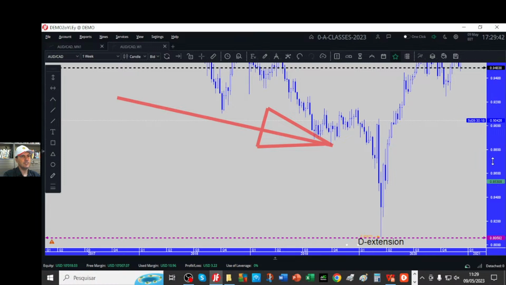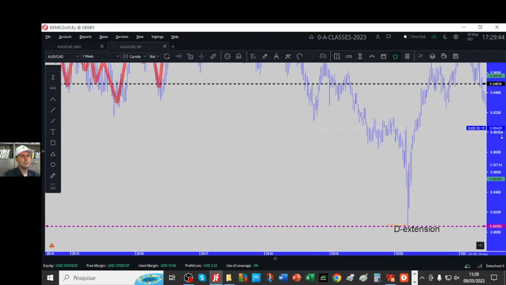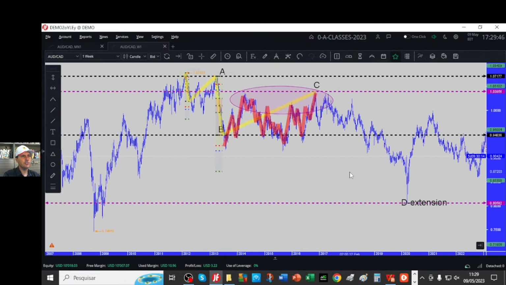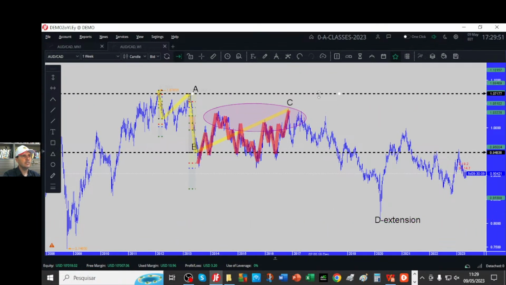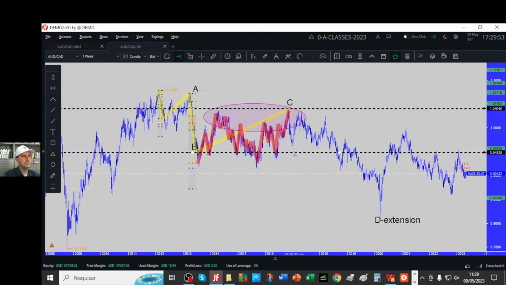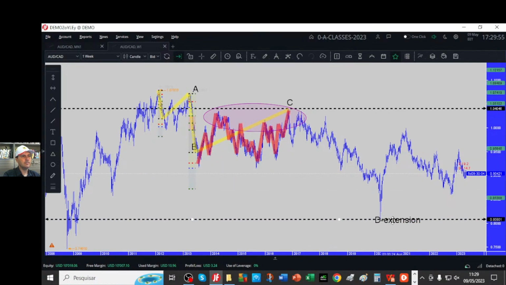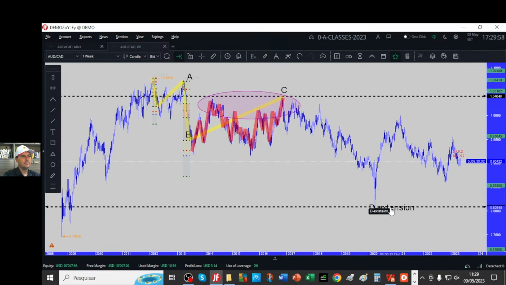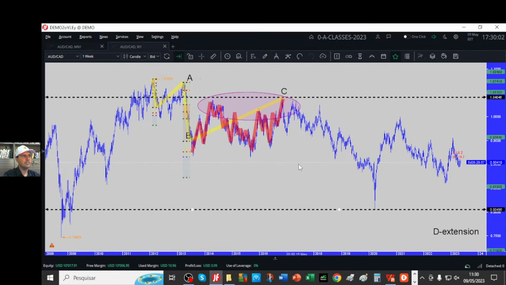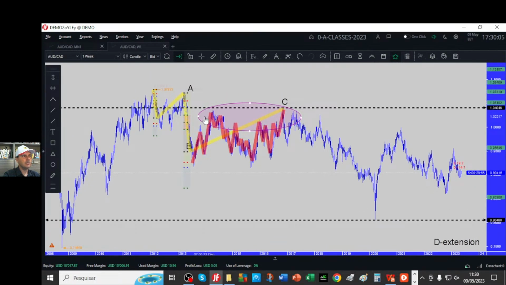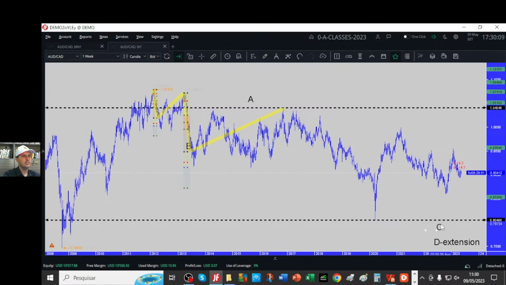This is the D extension. And what I'm going to do, as from yesterday, just repetition. Out this one, A goes to C, B goes to D, right? The extension down in here. So out this one, A goes to B, A goes to C, and B goes to D, right?